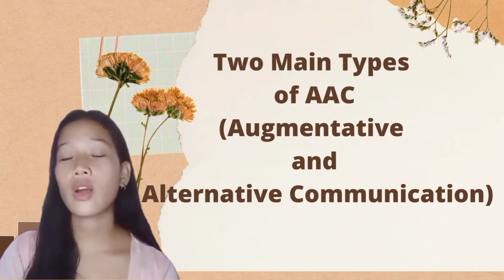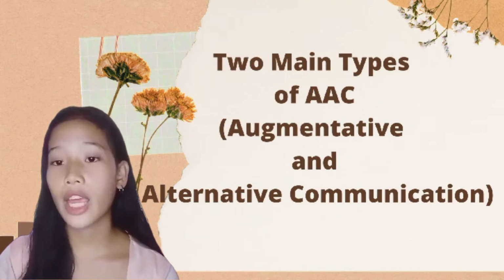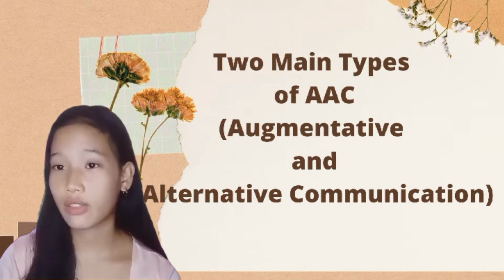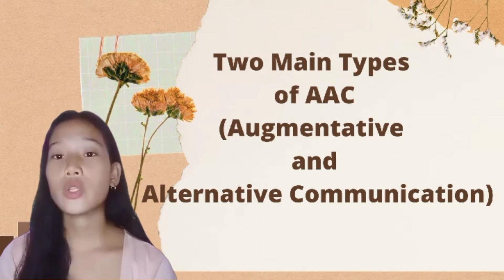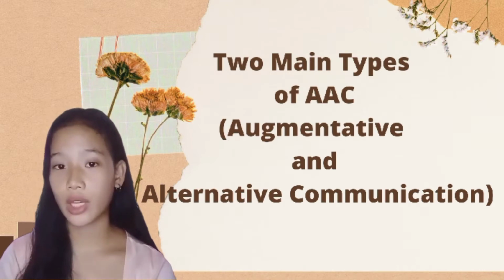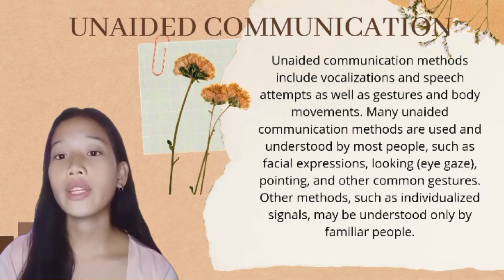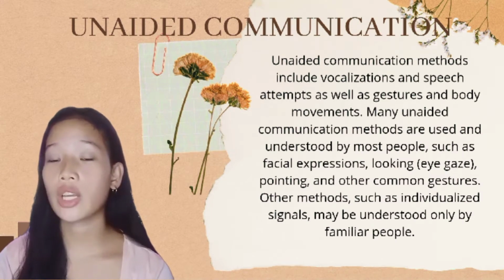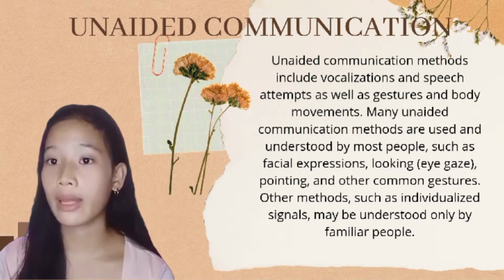So now let's talk about the two main types of AAC, or augmentative and alternative communication. There are two main types, the unaided communication and aided communication. Unaided communication methods include vocalizations and speech attempts, as well as gestures and body movements.